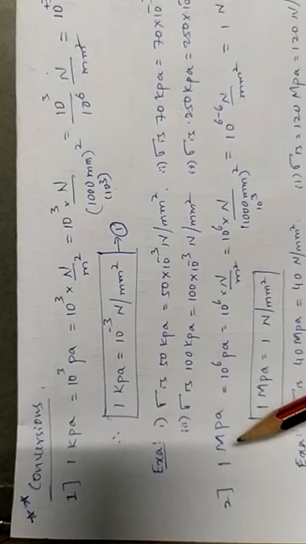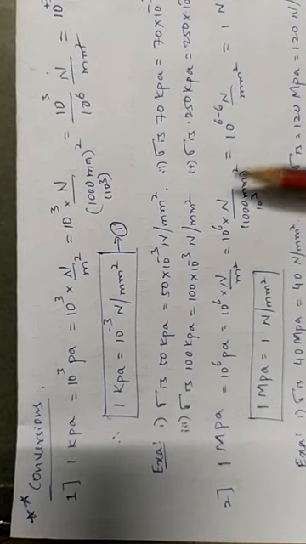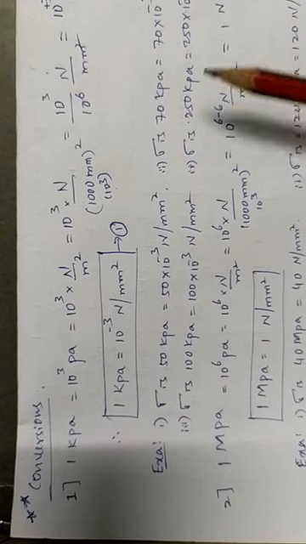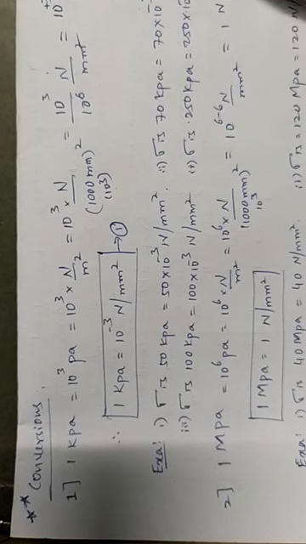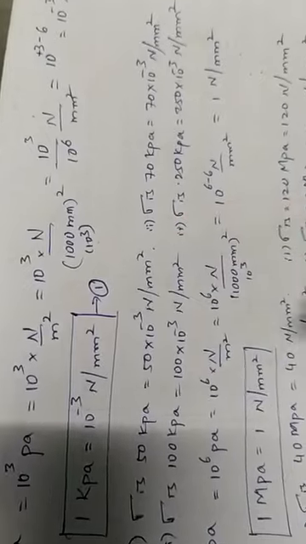If the same reading is 1 MPa, M stands for mega, 10 raised to 6 Pascal, 10 raised to 6 Newton per square meter. Here also 1 meter equal to 1000 mm, 10 raised to 3, squared 6. That is 10 raised to 6 minus 6, 0. The quantity will become 1 Newton per mm square. Therefore, 1 megapascal is equal to 1 Newton per mm square.